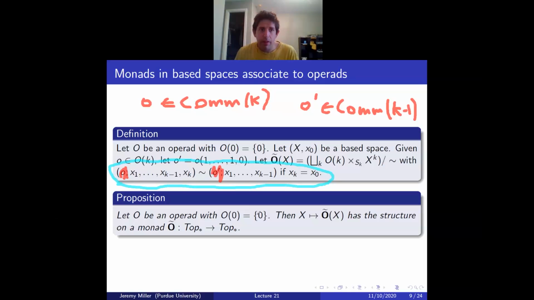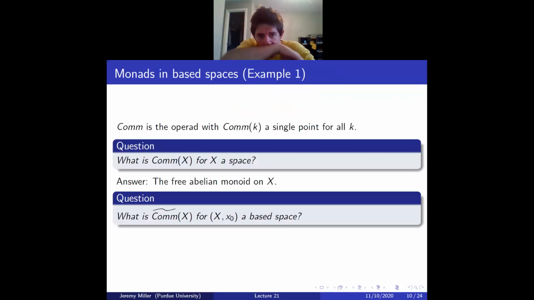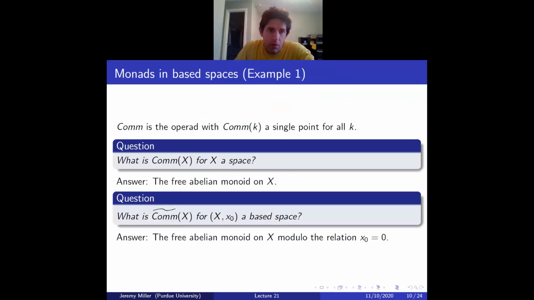Yeah, so that's how you would figure out what the reduced monad is from the formula. Any questions? Okay. So in the commutative case, it's the free abelian monoid modulo the relation that the base point is the identity.